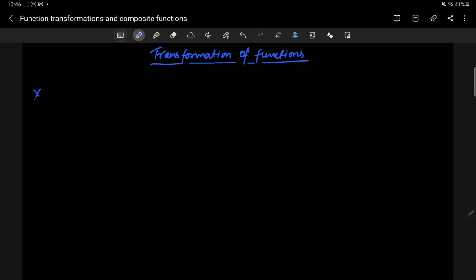Now, first of all, what does this transformation mean? There's a set of transformations called translations. Those are moving up or down or left or right.